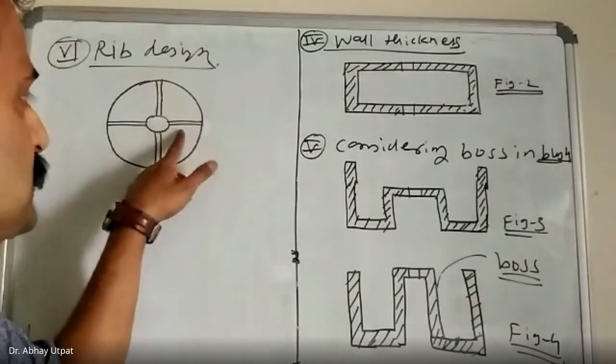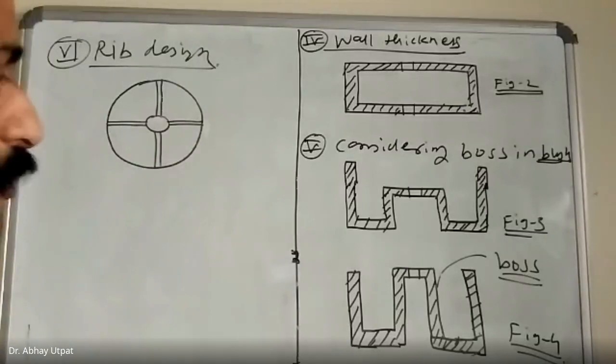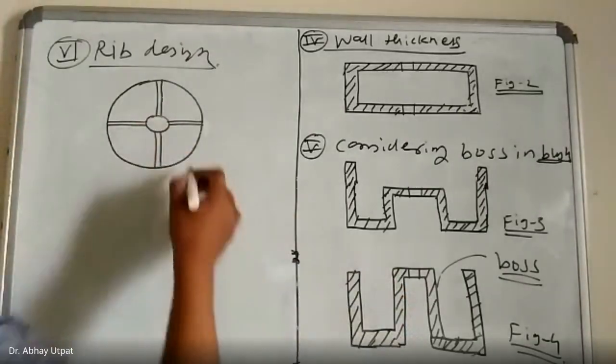In this way, ribs are giving support to the boss. Here we can't show it, that's why I have drawn the top view.